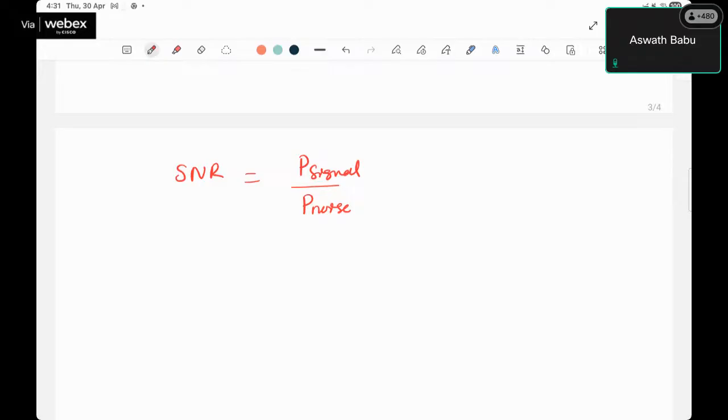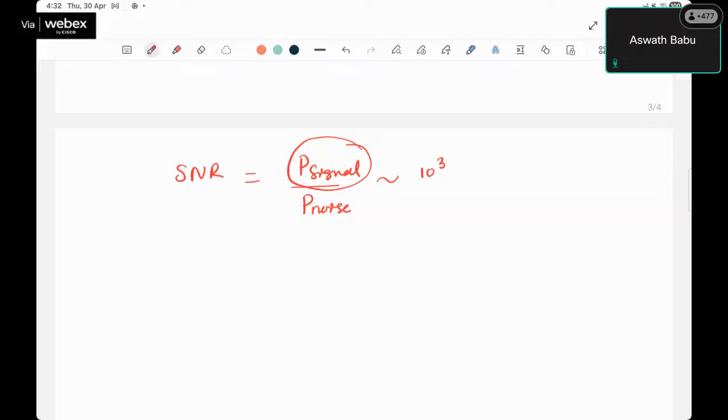SNR is usually meant to have very large values. How large? About 10 to the power of 3 is very good. 10 to the power of 2 is reasonable. 10 is problematic. Why? Because the signal is disappearing in the noise if I have very small SNR values. We saw that example last time.